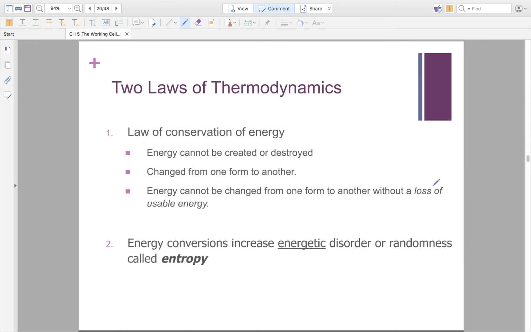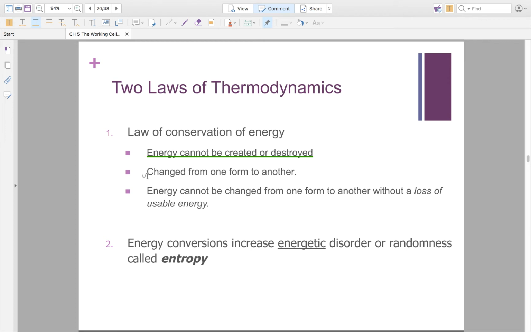All right, now, there's three laws of thermodynamics, but you guys are going to learn two laws of thermodynamics. The first law is called the law of conservation of energy, which says energy cannot be created or destroyed. And that's true. It can't be created or destroyed.